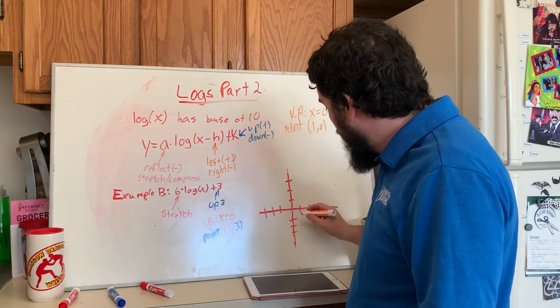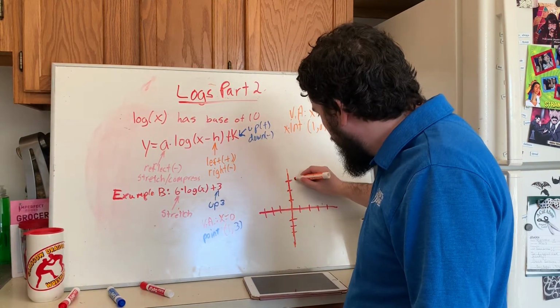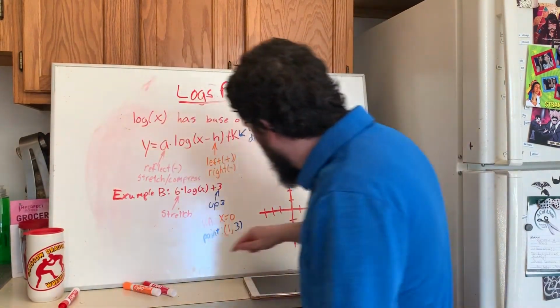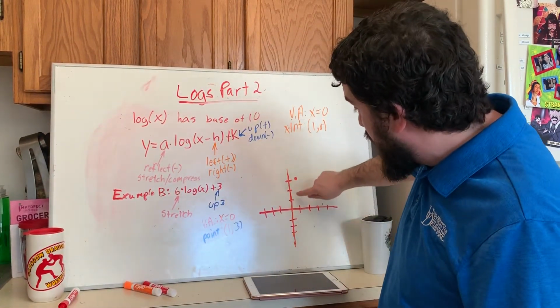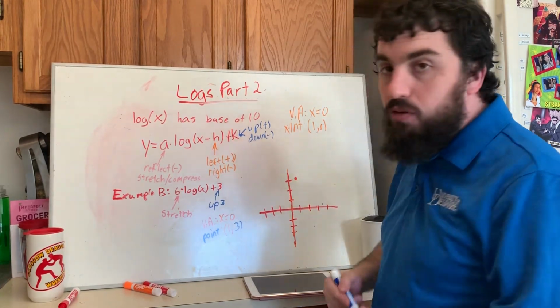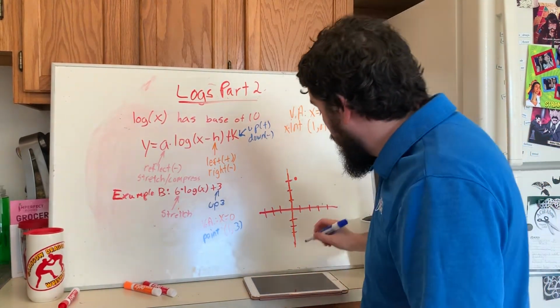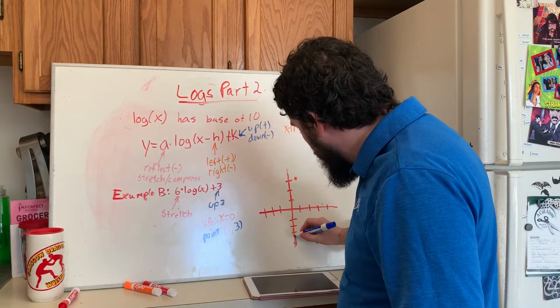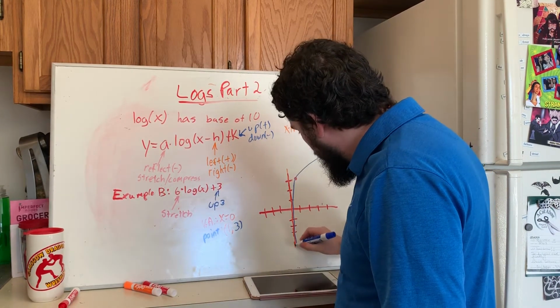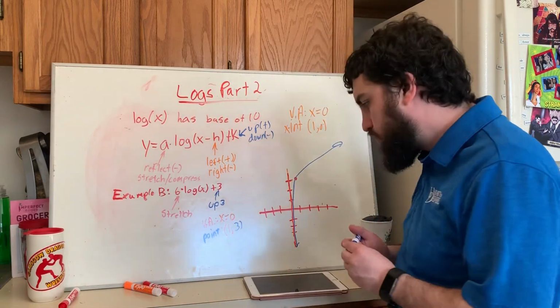The point I have, 1, comma 3, is going to be up here. So I'm going to make sure it stays along here a little longer, going up to this point, and it's going to go off a little faster than the other one did. So it might look something like this.